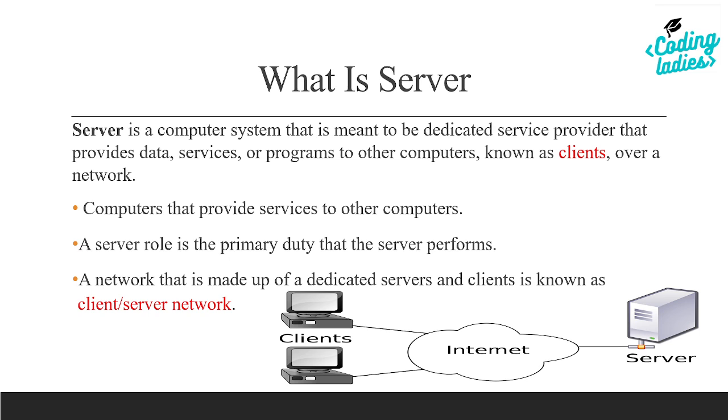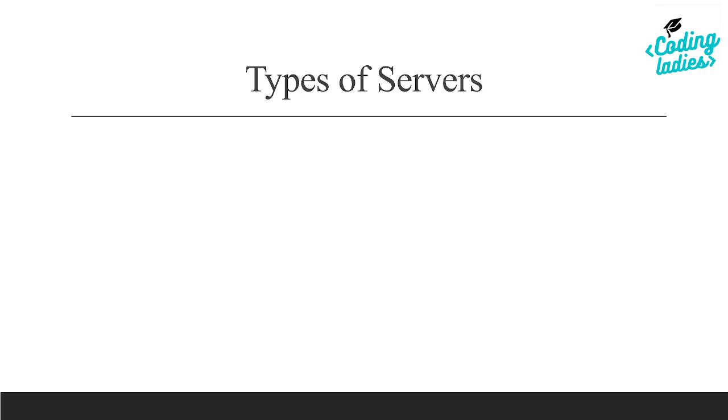Depending on the job of the server, that is what determines the server role. So in this network, we have two things: a client and a server. There is always a client requesting and always a server providing to the client. That's what you need to understand about service.